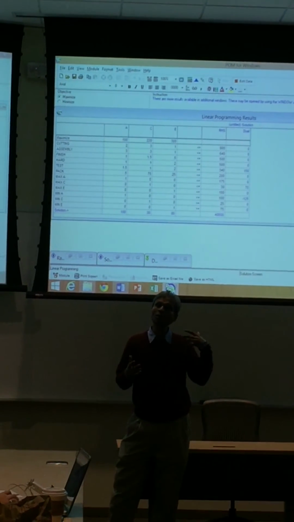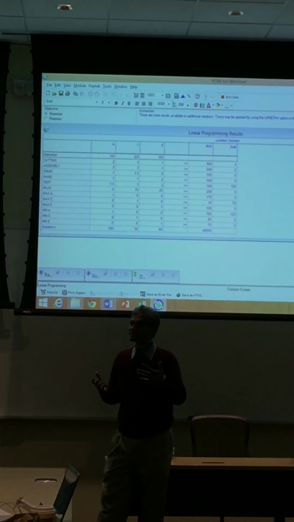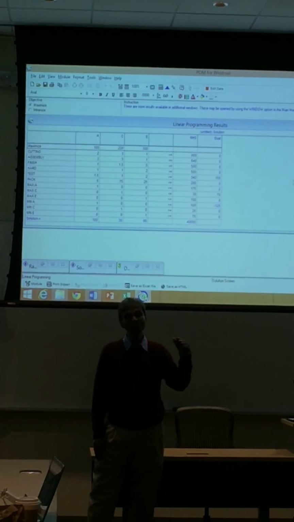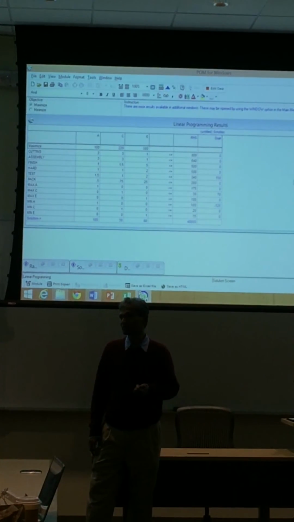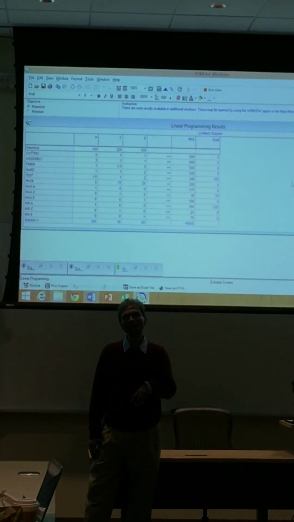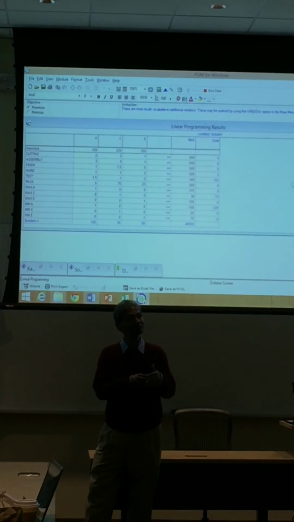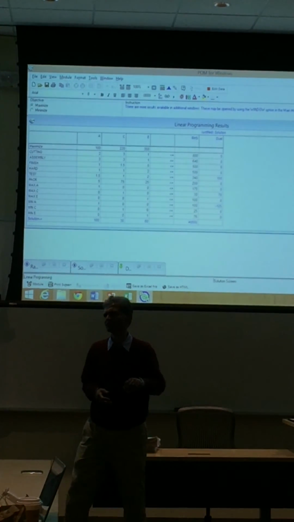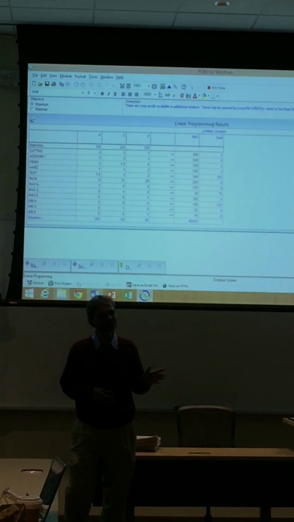It takes into account all the information about the processes that he or she is managing from different perspectives: from the manufacturing perspective, which is reflected in the resource requirements, and from the marketing perspective, which here is indicated by the upper ceiling on those products. And if you treat the lower limits on the products as firm commitments, they are the minimum demand that you must meet. So both those 6 constraints are really marketing types of constraints.